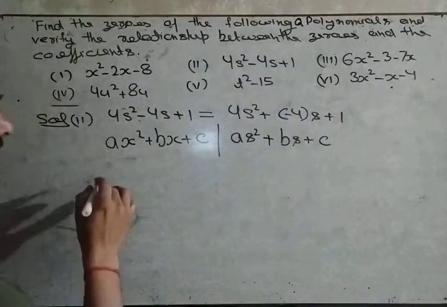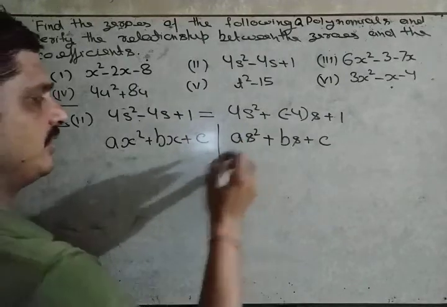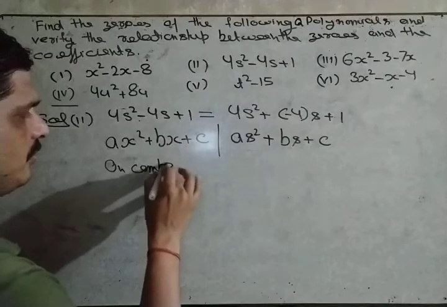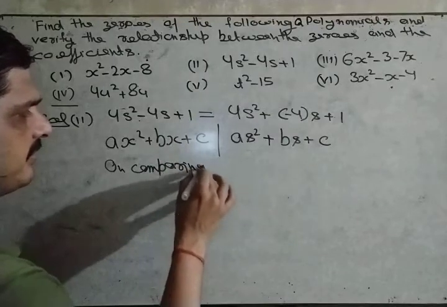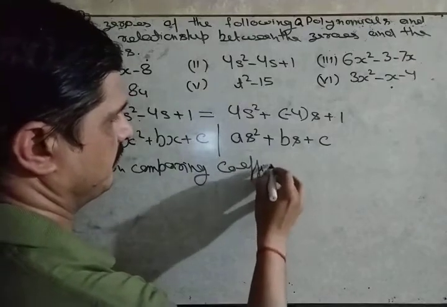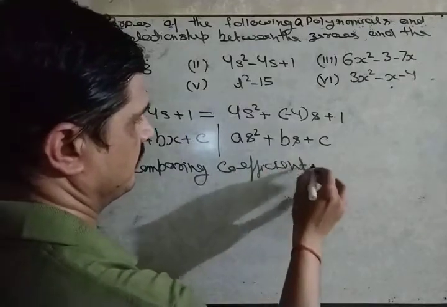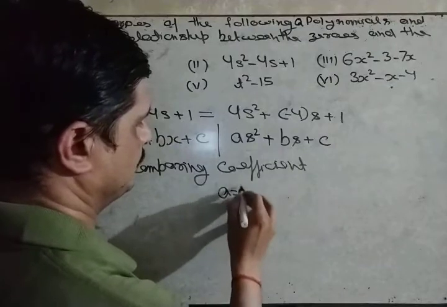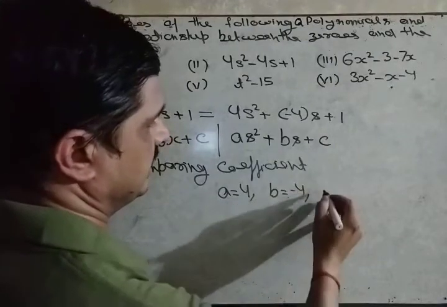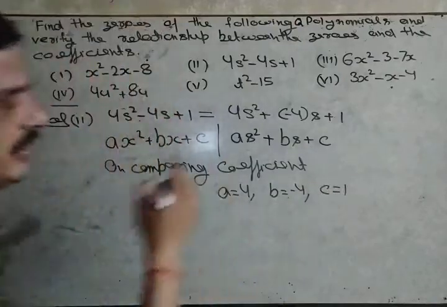Now here on comparing coefficients, what did we get? A equals to 4, B equals to minus 4 and C is equal to 1. You can see.